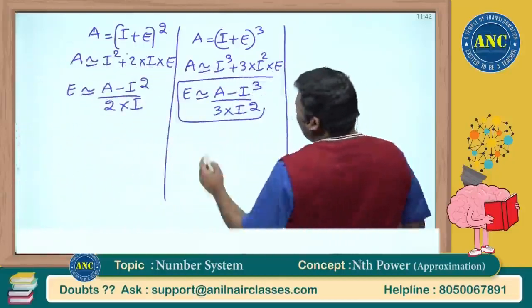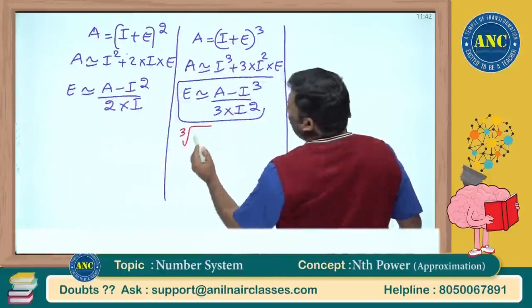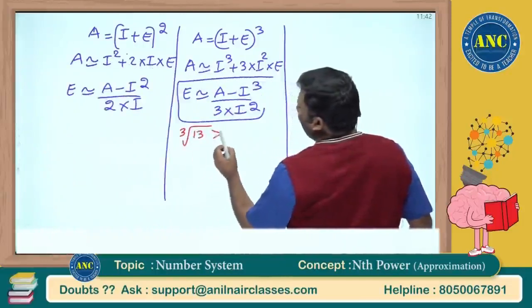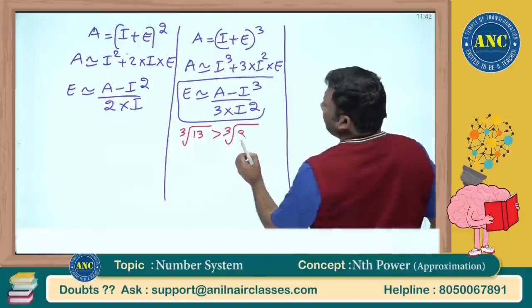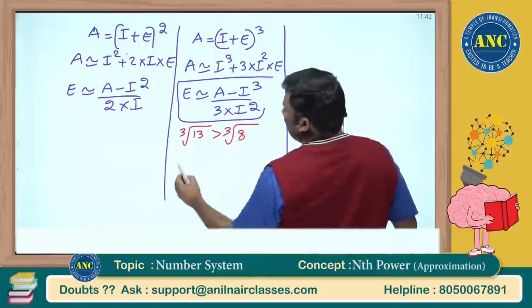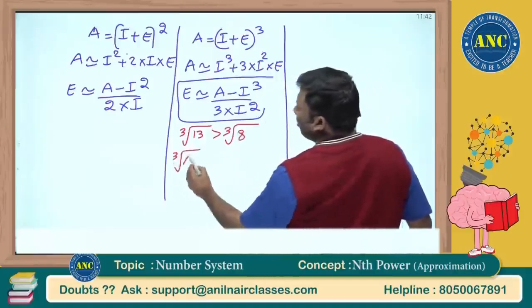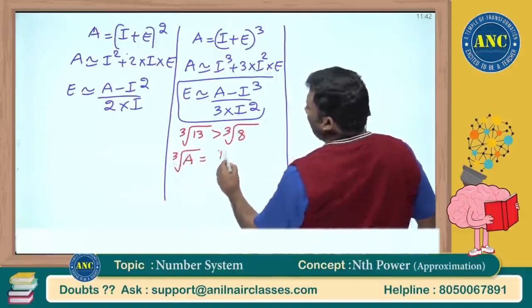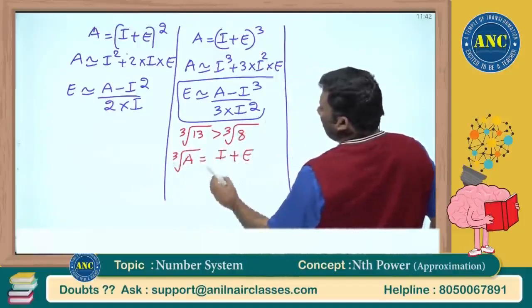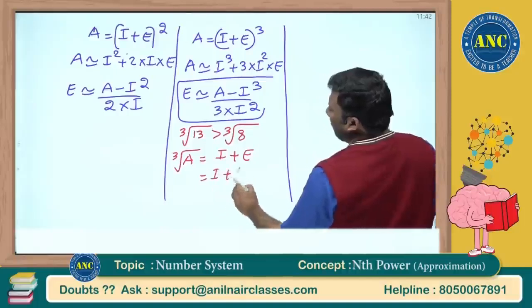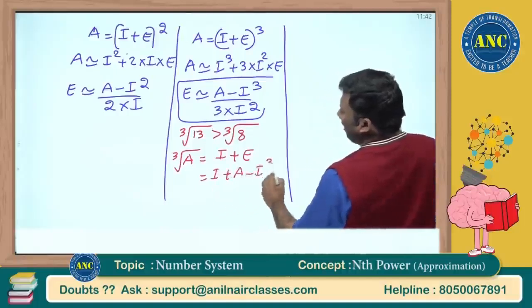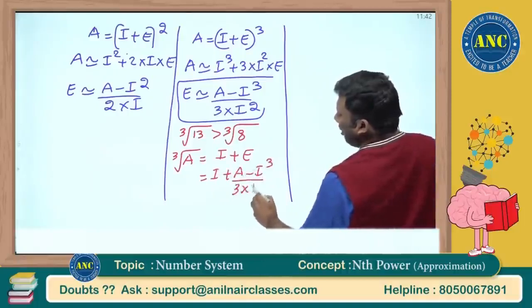Now, how to find out the cube root of 13? Cube root of 13 is greater than cube root of 8. So the cube root of A is nothing but I plus E, where E is nothing but A minus I cube divided by 3 into I square.